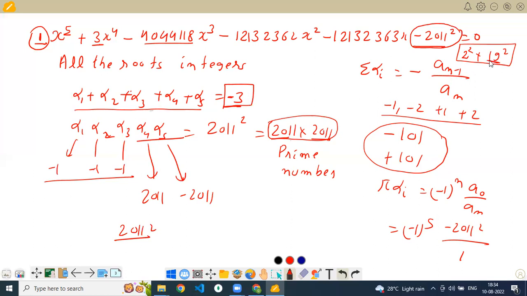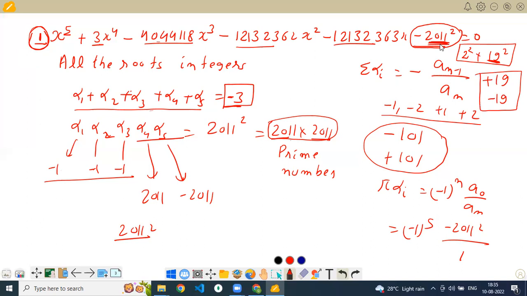Whenever you get a prime number here, it will always occur in a pair like plus 19 and minus 19, so that the sum becomes 0. The big number can only come here because our an is 1. So these numbers can only come here if this number is very large. So this is a trick here.